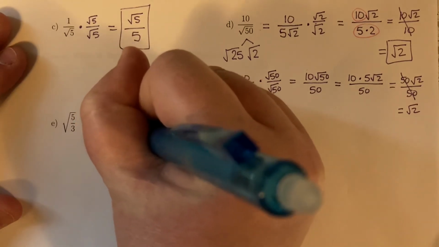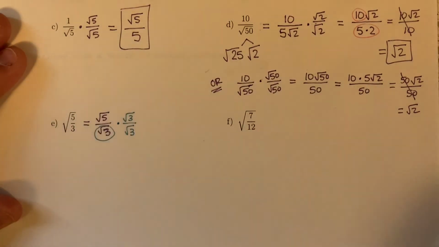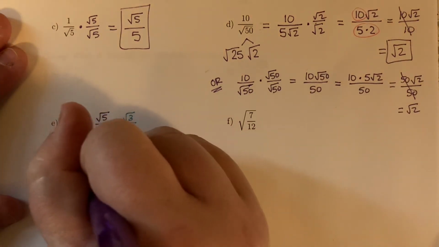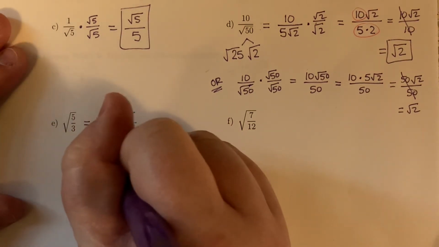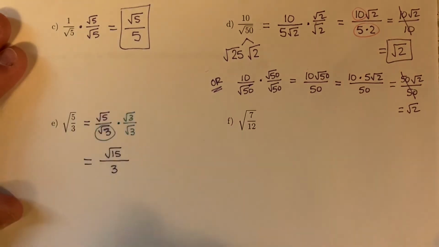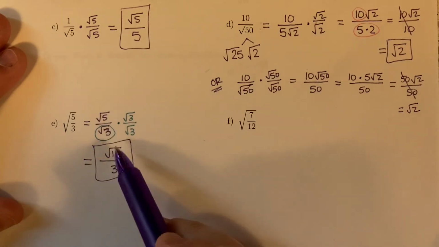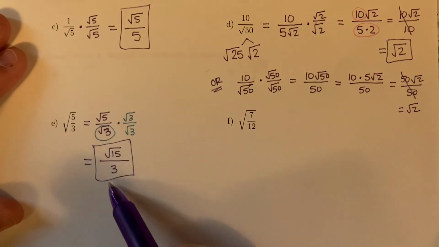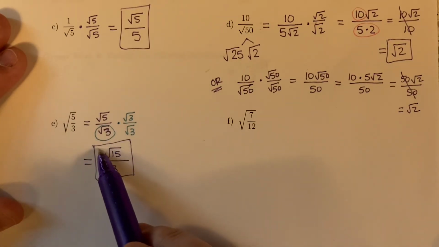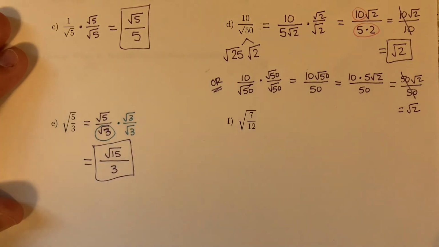So it's square root of 3 that I'm multiplying by. So the top becomes square root of 15 and the bottom's just 3. And then that's it. We're done, because you can't combine square roots with non-square roots. This doesn't work to reduce. We can only reduce coefficients.